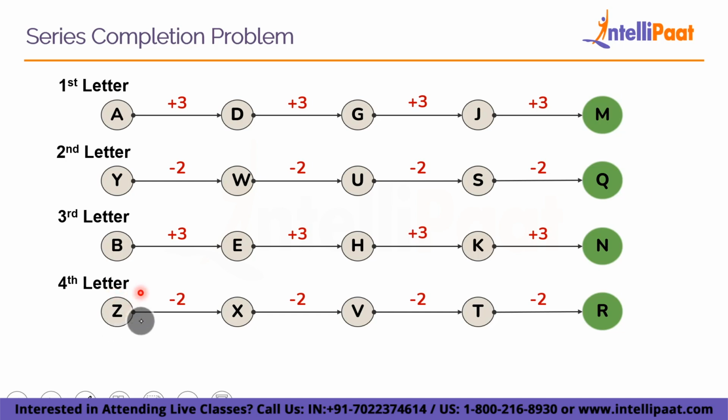You can see Z, and 2 backward you get X, 2 backward you get V, then T, and in that manner here you get R, right?